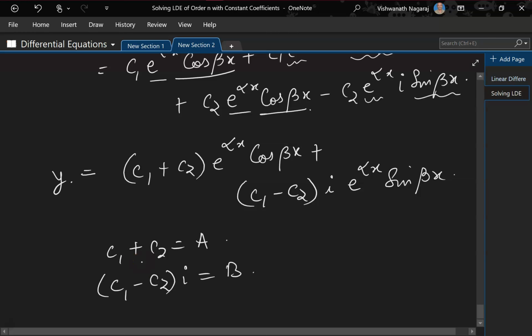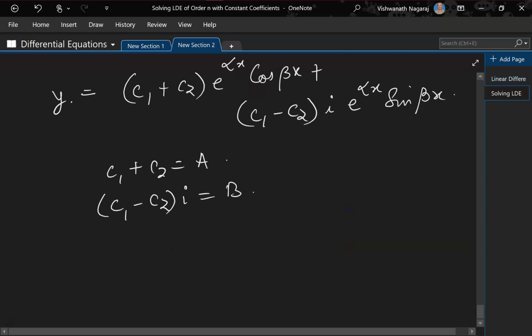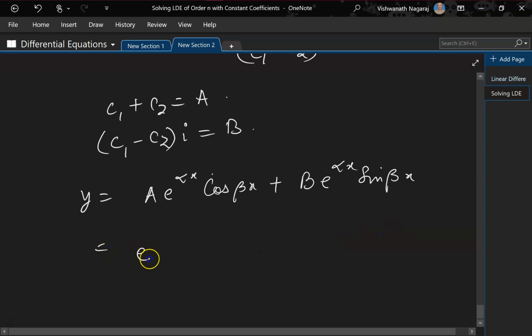So in a complex number we need to have a real part and an imaginary part, so that's why I'm taking i as well. Now if we substitute this, we get A e to the power of alpha x cos beta x plus B e to the power of alpha x sin beta x. Here e to the power of alpha x is common, so e to the power of alpha x times (A cos beta x plus B sin beta x).